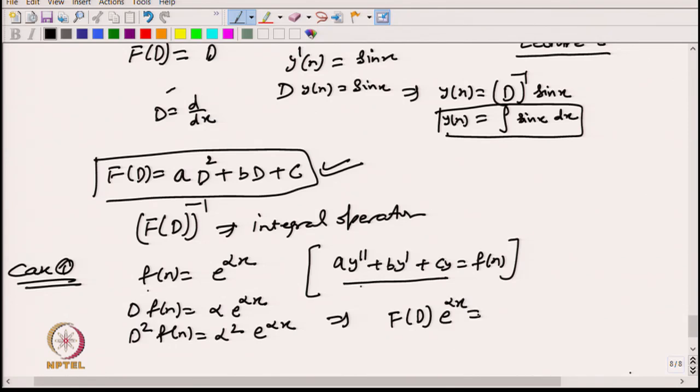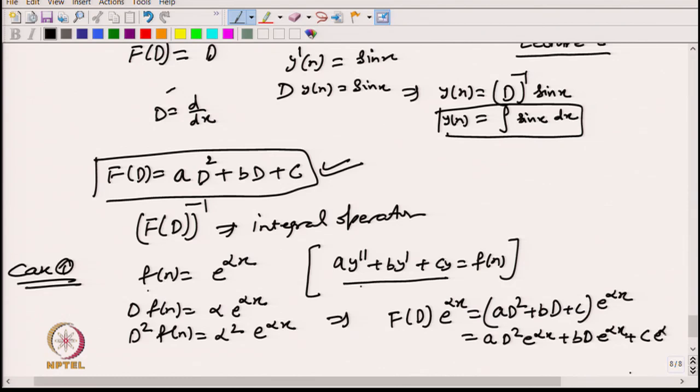My F(D) is already known, this is equal to a D square plus b D plus c, operating on e raised to power alpha x. Now, I operate this operator on the exponential function. I will get a D square e raised to power alpha x plus b D e raised to power alpha x plus c e raised to power alpha x. I can operate this way because this is a linear operator.